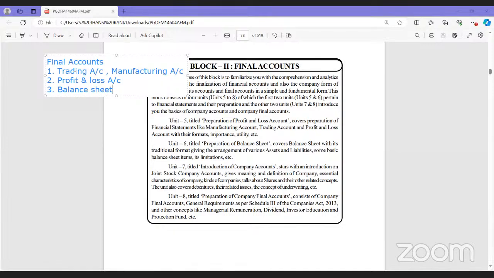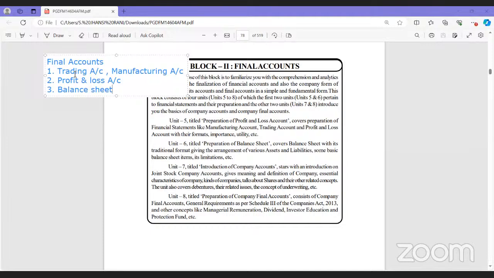What I am doing is purchasing from the supplier and in turn selling it to the customer. So buying and selling of goods, purchasing and selling to the customer, this is called trading. Manufacturing means, for example, if I myself am producing the paper and books and then selling, then comes the manufacturing account.